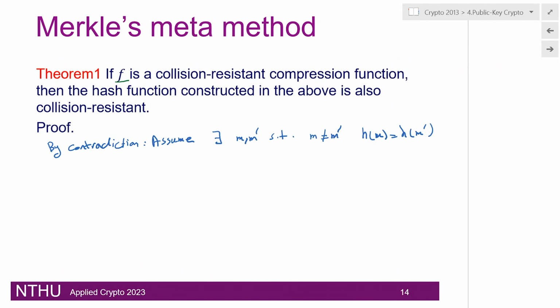Maybe many of you are getting the idea. What we are trying to show is that we use the Merkle construction, the compression function, to construct a hash function. If we show that we have a collision in our hash function, it means that we can show there is a collision in function f. But we assume that function f is collision resistant, so that is a contradiction. That's how we want to proceed with this proof.